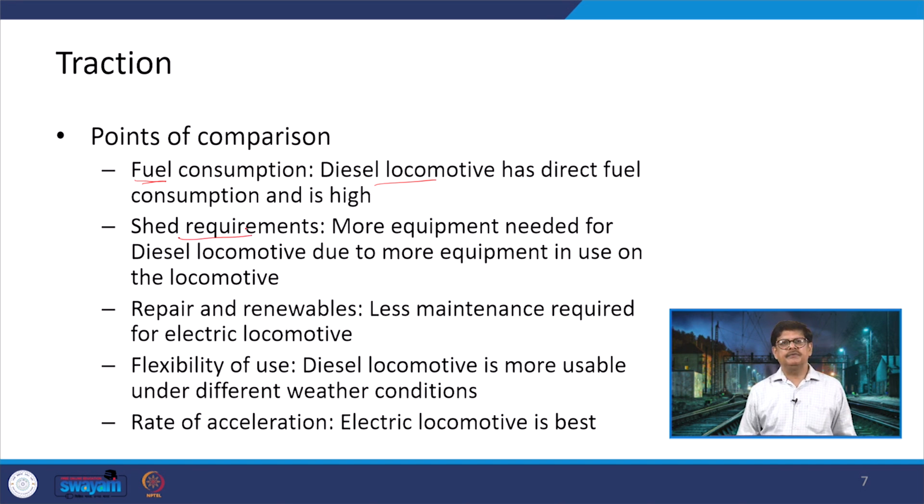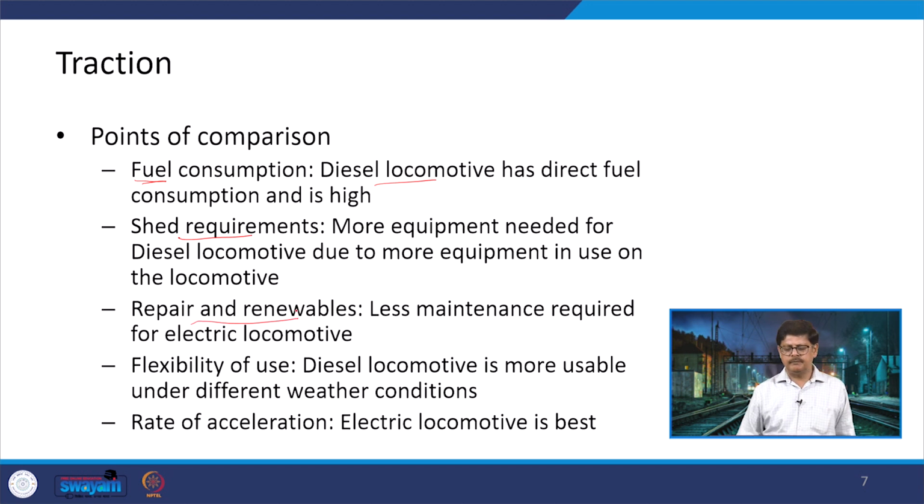In the case of a diesel locomotive, quite a variety of equipment may be required because of the type of installations which are there, and therefore a typical or specific shed requirement will always be there. But if you talk about an electric locomotive also, there will be a requirement of some different type of equipment, and the number of equipment may be a bit lesser.